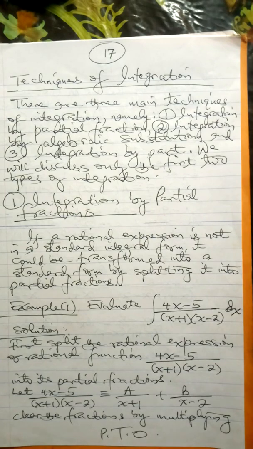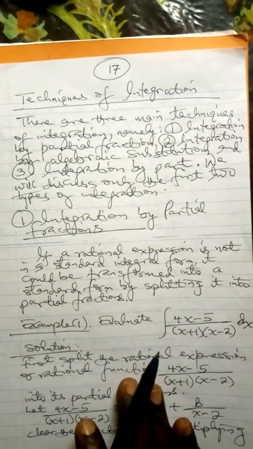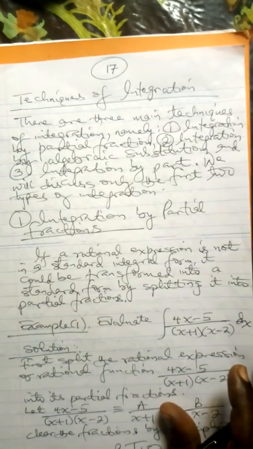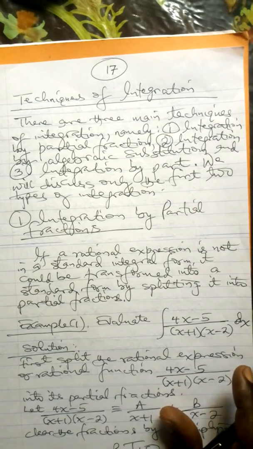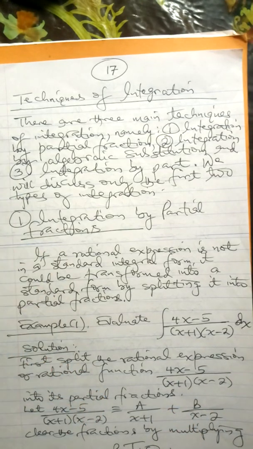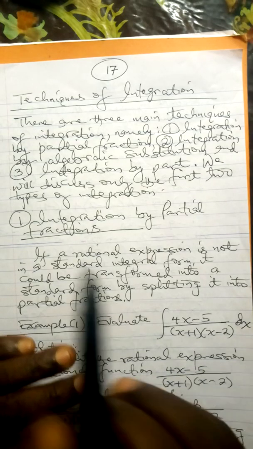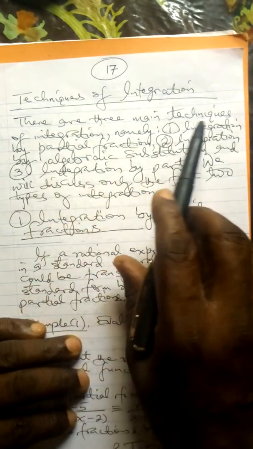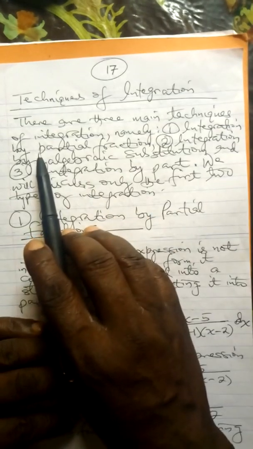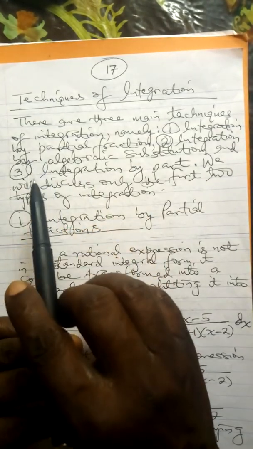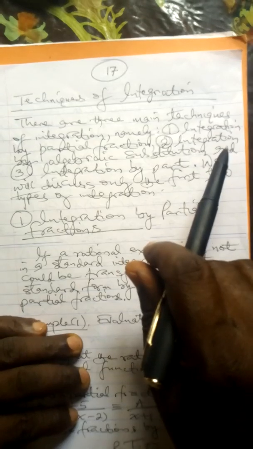Yes, I repeat. We go to video number 8, and under this video number 8, we're going to consider techniques of integration. There are three main techniques of integration, namely: 1.